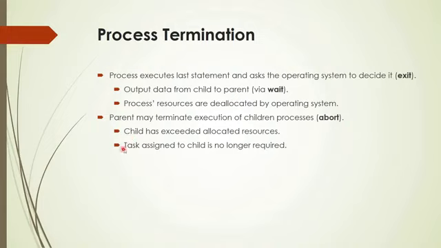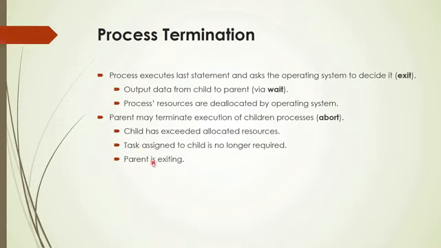Or the parent does not need the task which was given to the child. So in that case also the parent may terminate the child. So first case, the child exceeded the allocated resources, so the child may be terminated. Second case, the task assigned by the parent to the child is not required, so the parent will terminate the child.